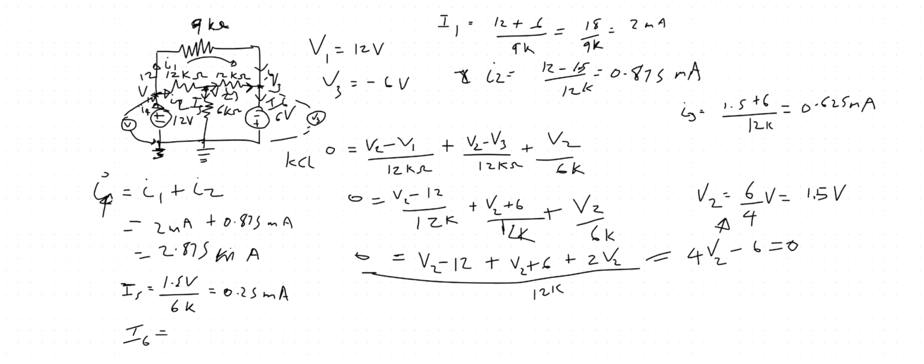We already know the two currents coming in. Current entering must be equal to current leaving, so the sum of currents is equal to 0. It will be the current going in and the other current going in, I3 plus I1.